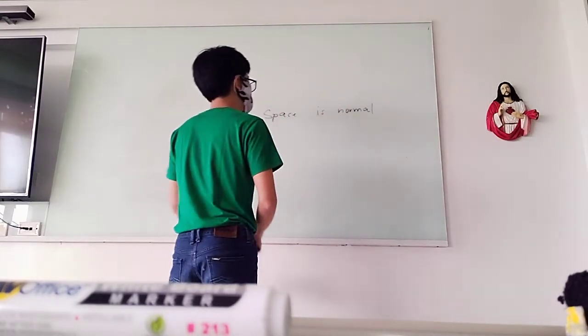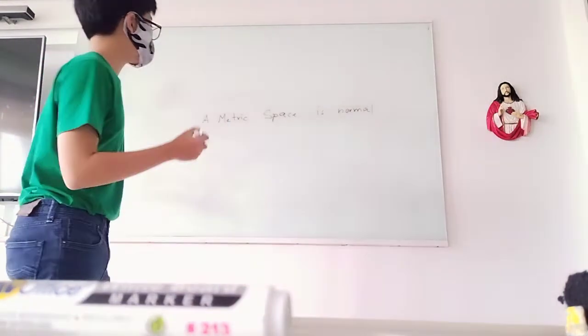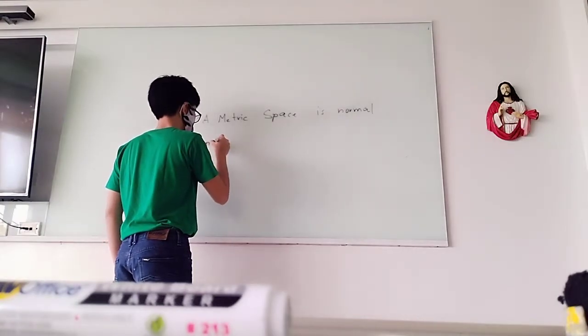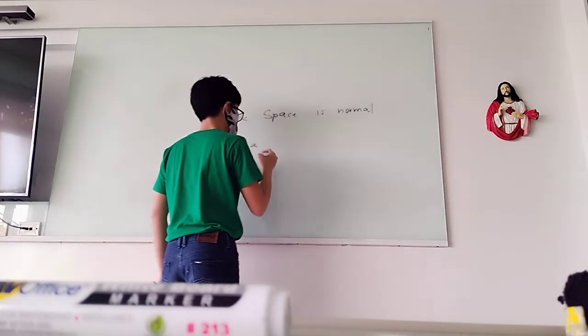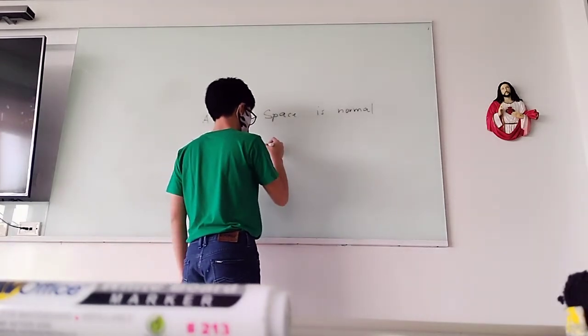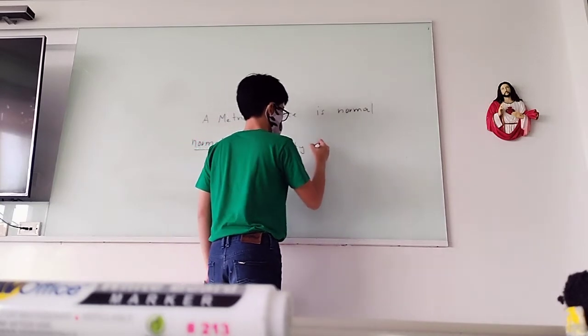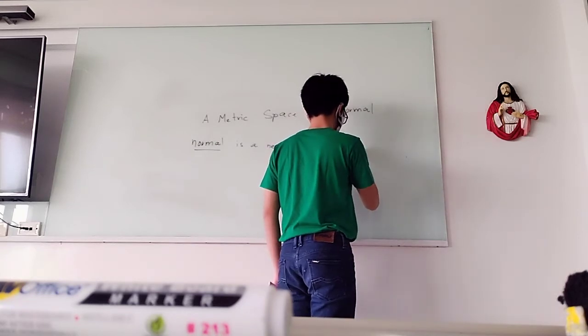Now, I want to state that normality, or being normal, is a necessary trait for metrizability. So, necessity for metrizability.